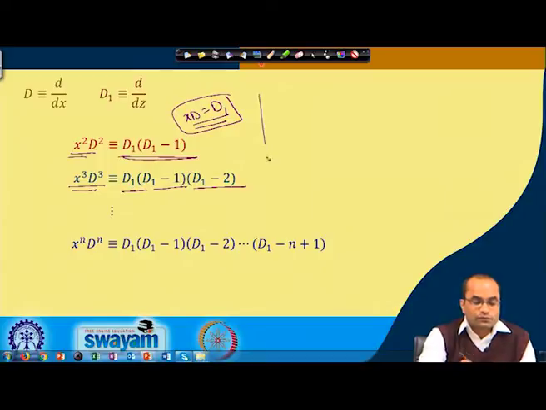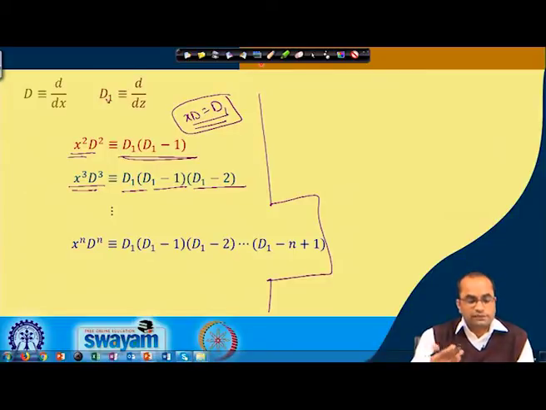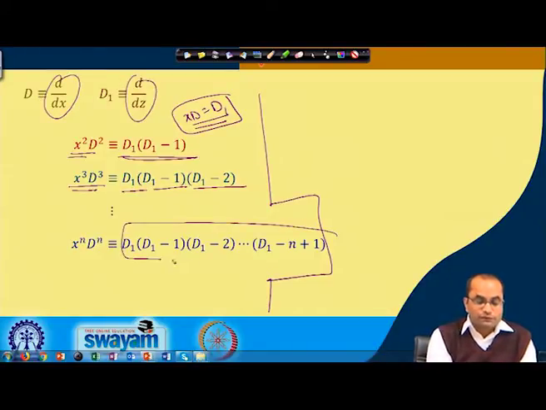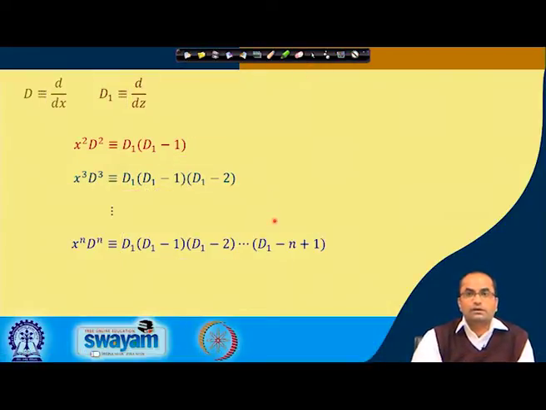So, once we know how the d operator is changed to the d1 operator, where d1 is with respect to z and d is with respect to x, we realize that our original equation will be converted to a linear equation with constant coefficients.